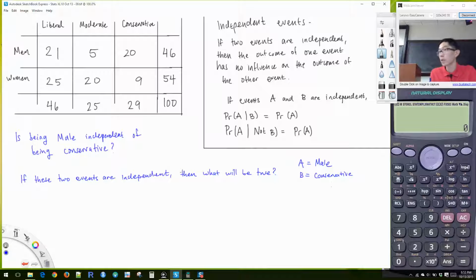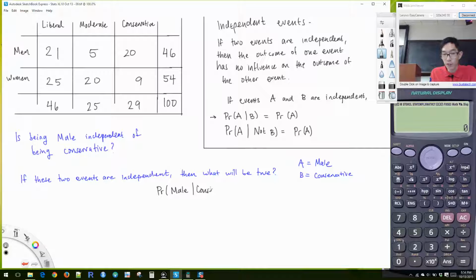Okay, so what is that going to give me? If I look at this, what am I going to get? I'm going to just replace. So what do I have? Probability of. No, just tell me the words that I'm writing. Male given conservative. Okay, male given conservative.